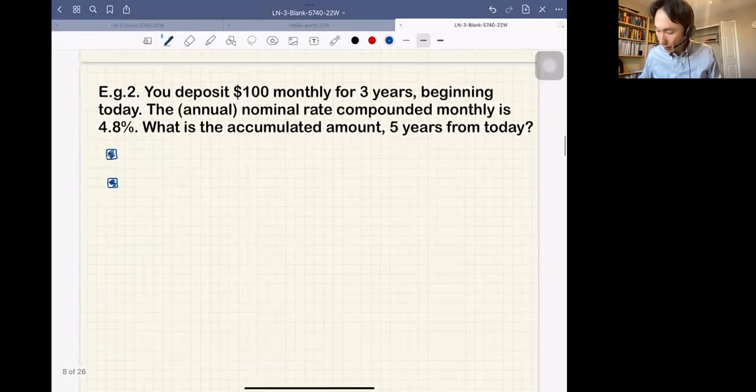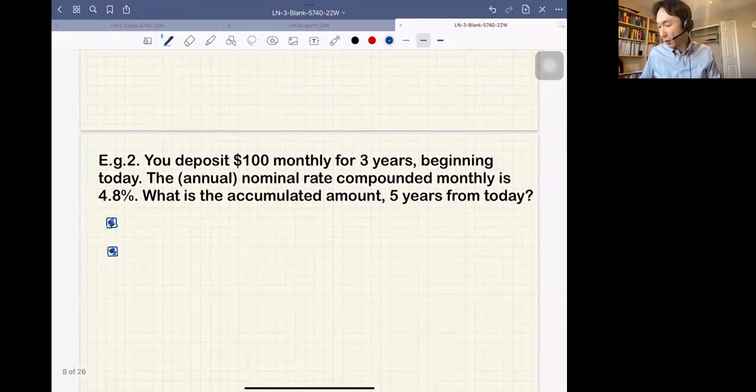Okay, so example 2. You deposit $100 monthly for 3 years. So basically you deposit $100 for 36 times, beginning today. So the first deposit is made today. The annual nominal rate compounded monthly is 4.8%. Sometimes annual is omitted, so the question just says nominal rate compounded monthly.